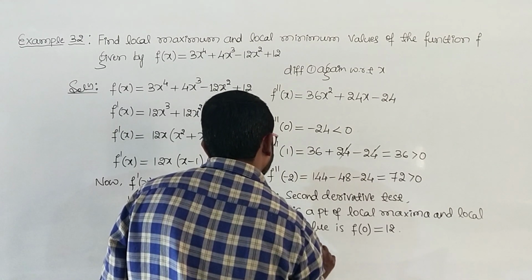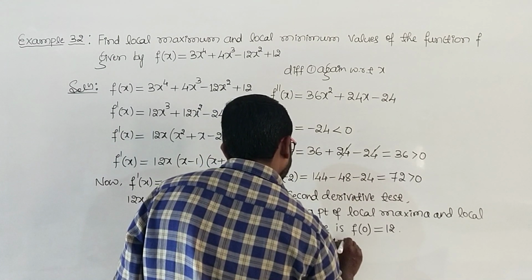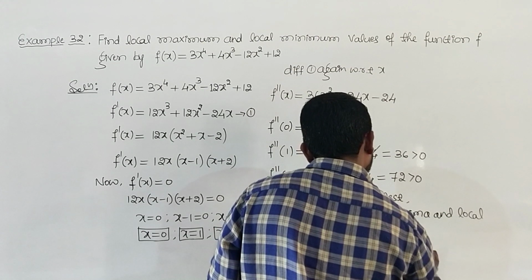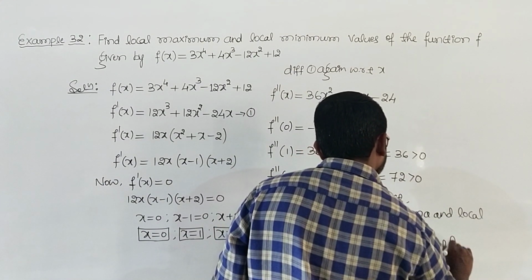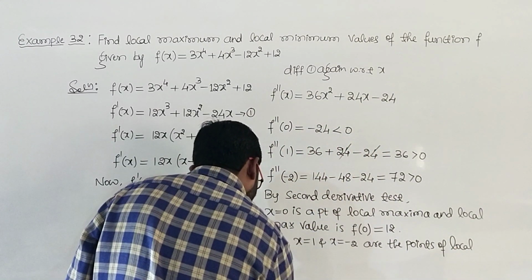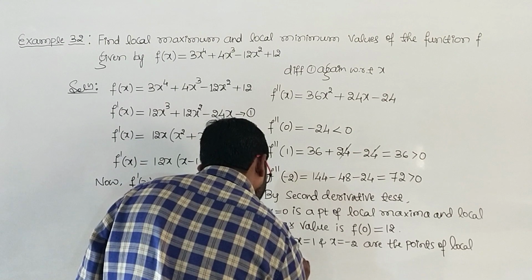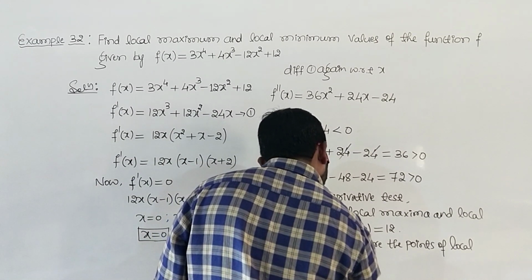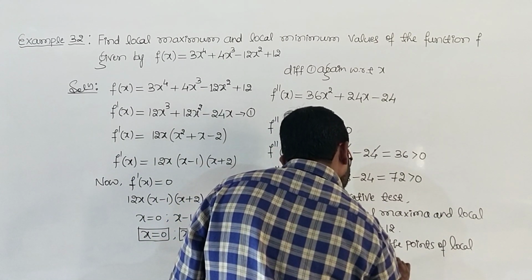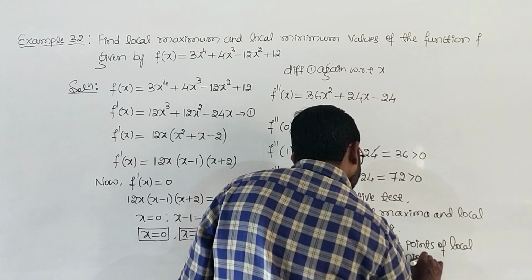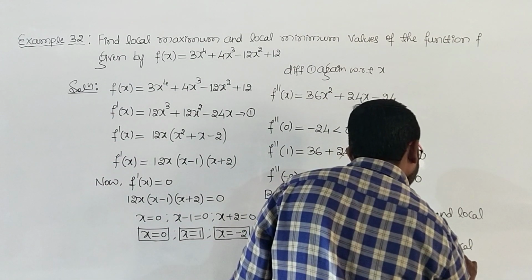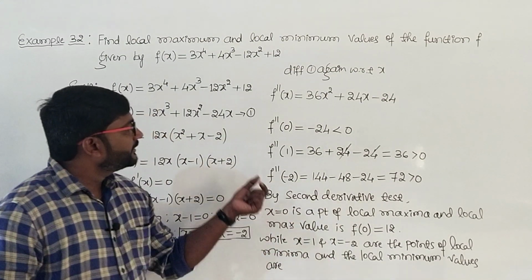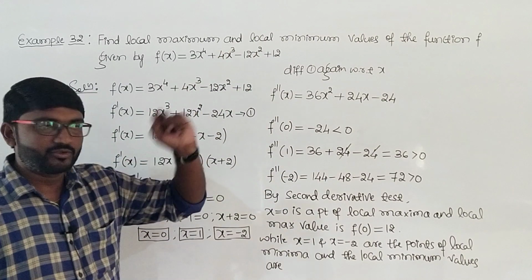So x equal to 1 and x equal to minus 2 are the points of local minima, and the local minimum values are, that means substitute x equal to 1 in this, and what do we get?